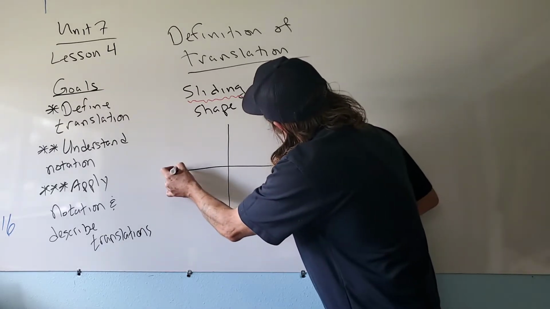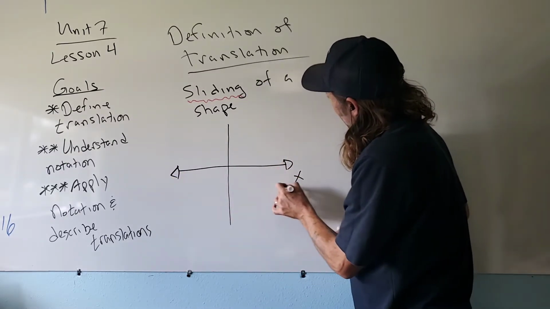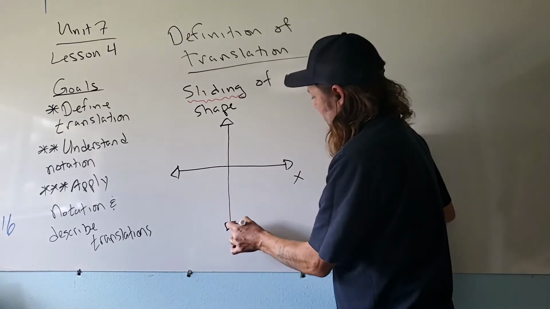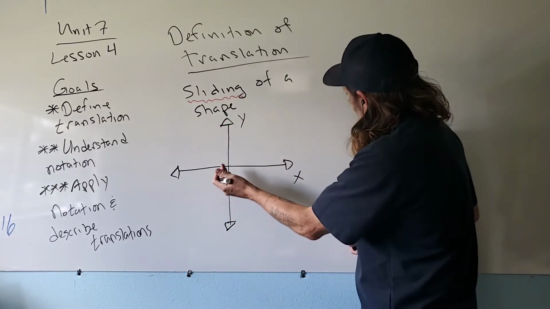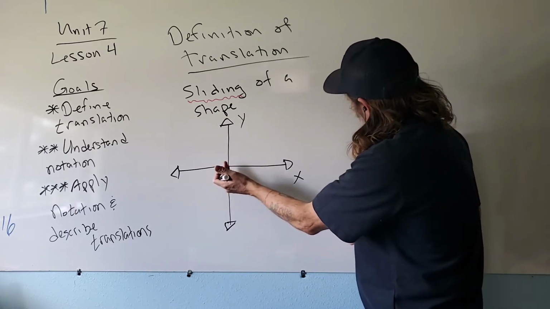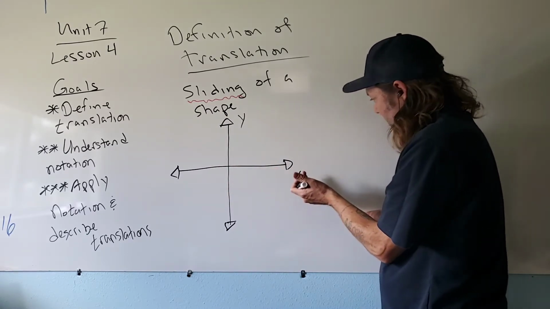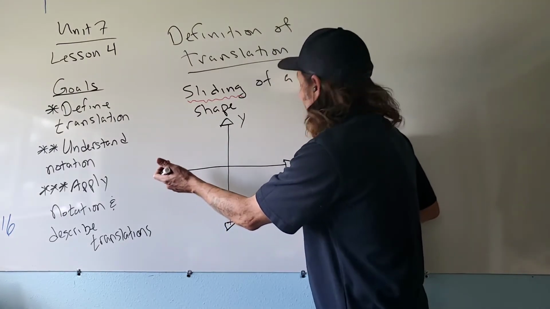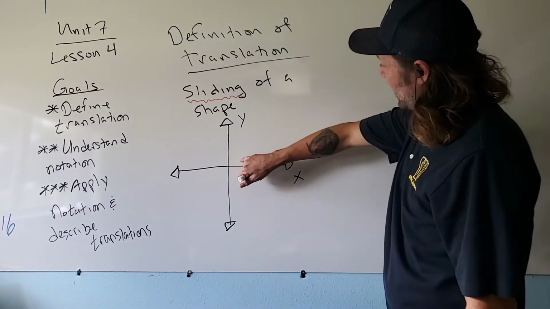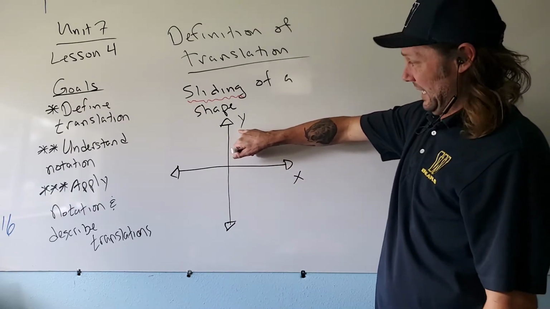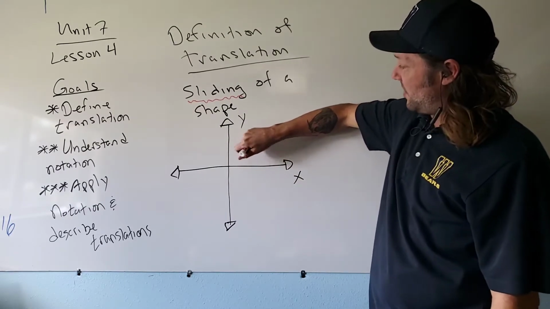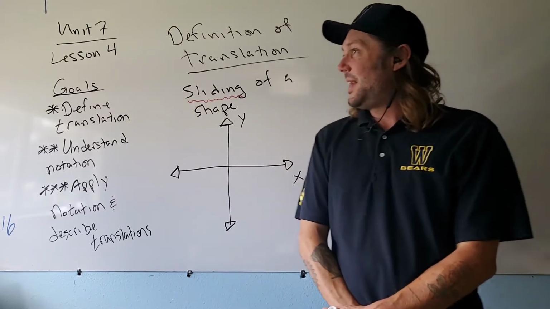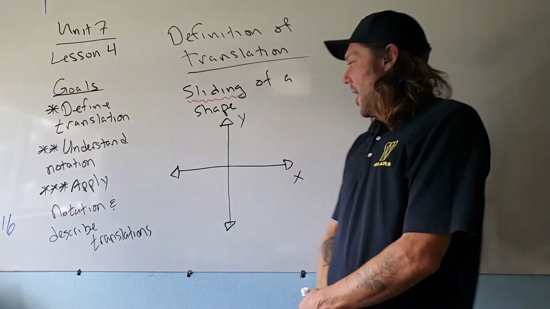Horizontally, this is our x-axis. Vertically is our y-axis. Going to the right, horizontally, we're going in a positive direction. Going to the left, we're heading in a negative direction. Going up is going positive in the y direction. Going down is going in the negative y direction.